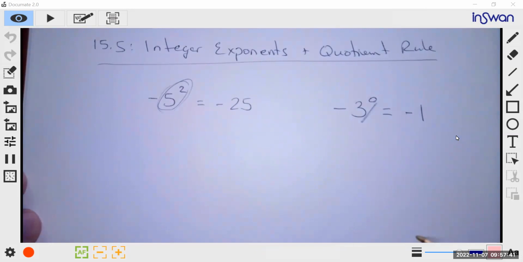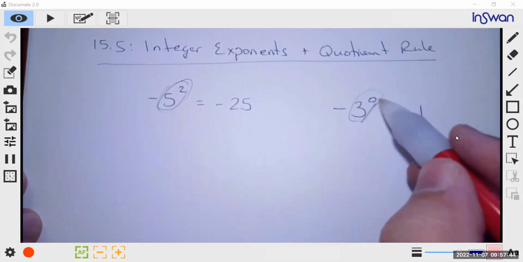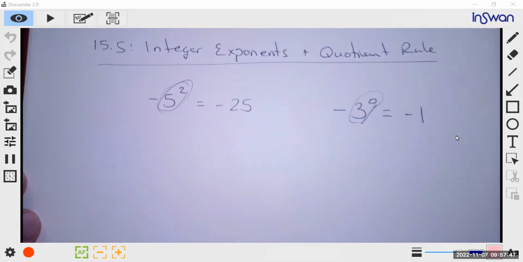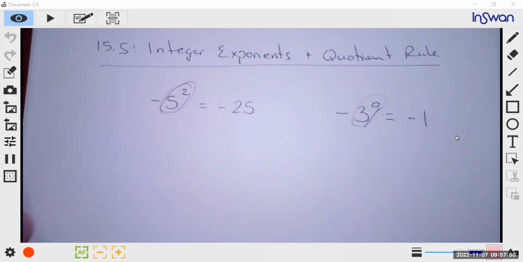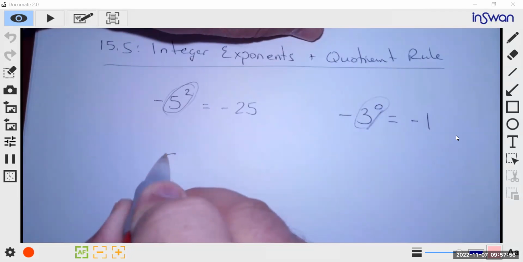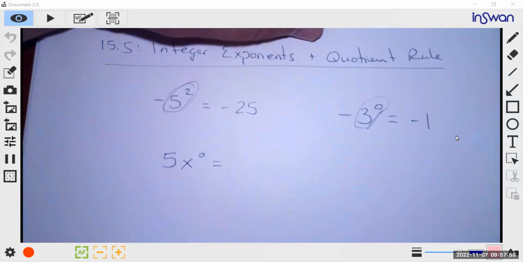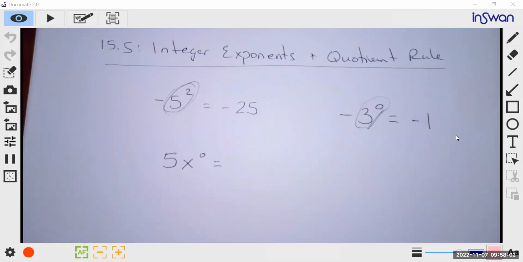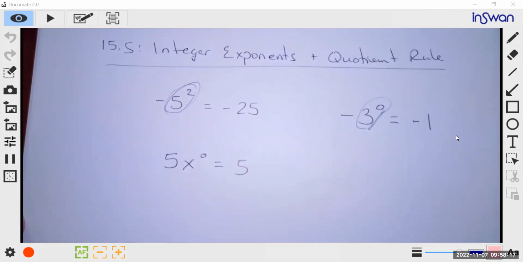It's only touching the 3. So this is anything to the 0 power is 1. The negative's out in front. If I had that, what do you get? Right. Because anything to the 0 power is 1, that becomes a 1. 5 times 1 is 5.